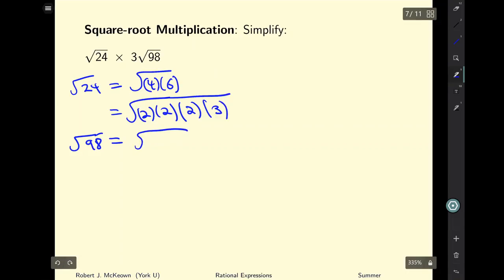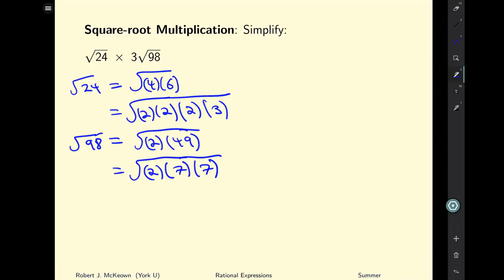So if I rewrite this as 2 times 49, I'm a little bit closer to something useful, because then when I see 49 and I know my multiplication table, I know that 7 times 7 is equal to 49. So I'm going to go a little bit further here. I've got 2 times 7 times 7.